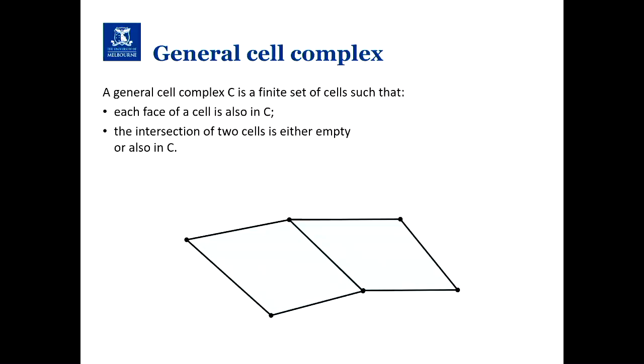So, some examples. Again, we have a general cell complex. Same principle as with the simplicial complex. Oh, my S's will be amazing after this class. So, same condition that each face of the cell is also part of the complex. So this is an example.